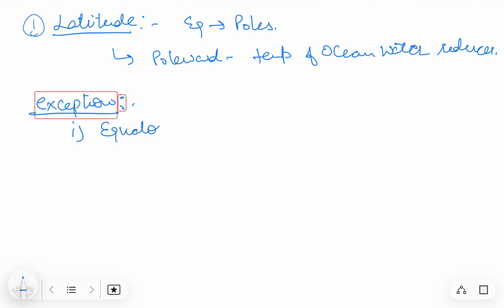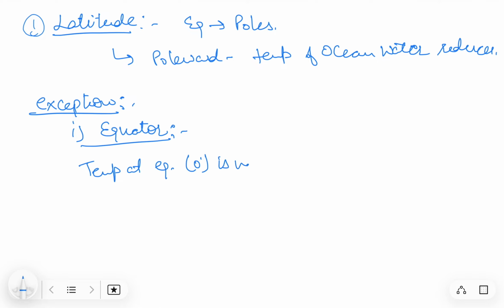The first one is at the equator. The temperature at the equator, that is 0 degrees, is not maximum.